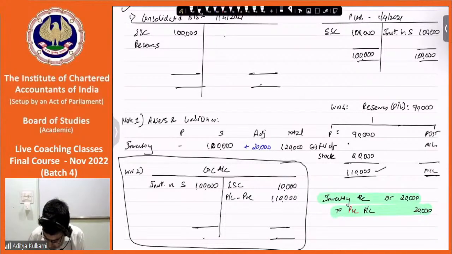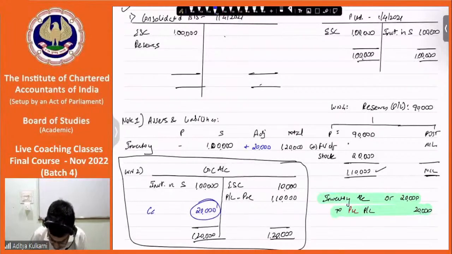When you balance this, you are getting a figure on the debit side. That is a credit balance, which goes on to show that you have actually got a capital reserve. And this capital reserve will come in the consolidated balance sheet, 20,000.